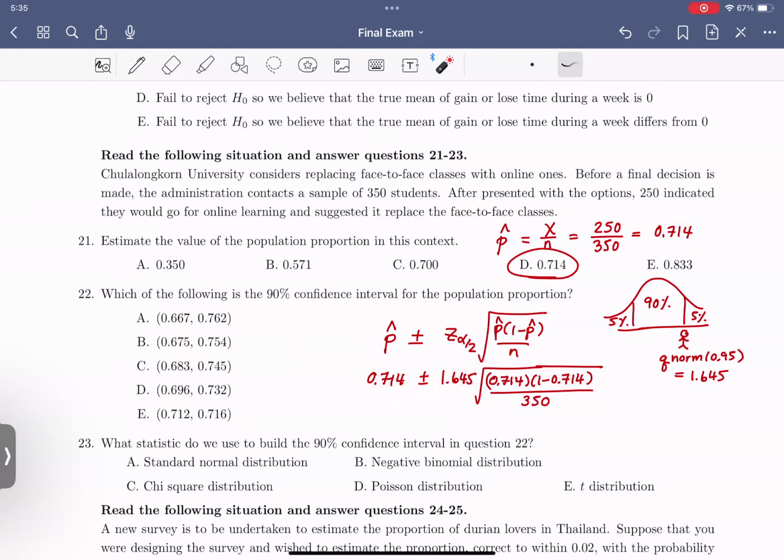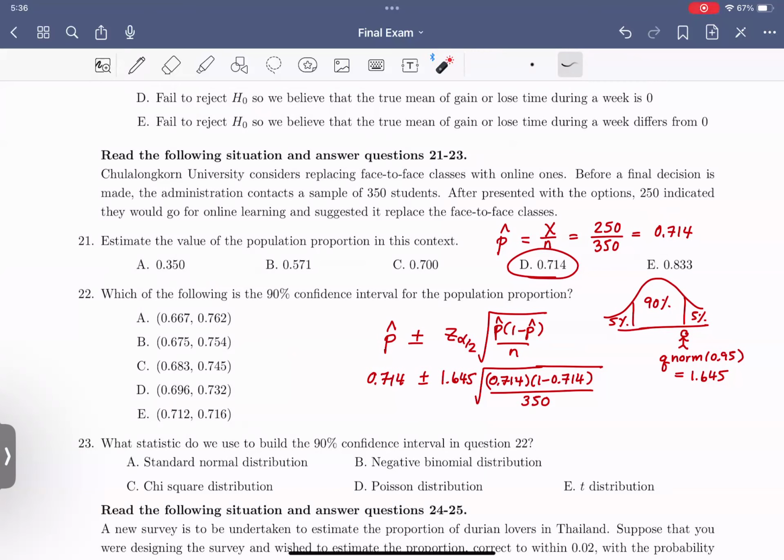So we're gonna hit the calculator now. 1.645, and then times square root of 0.714 times 1 minus 0.714, and then over 350.